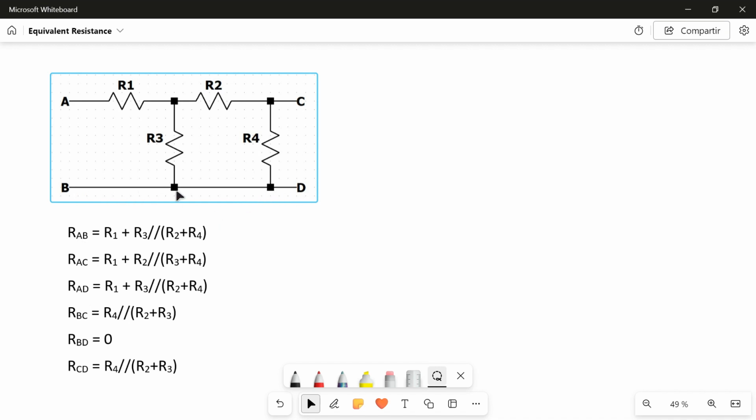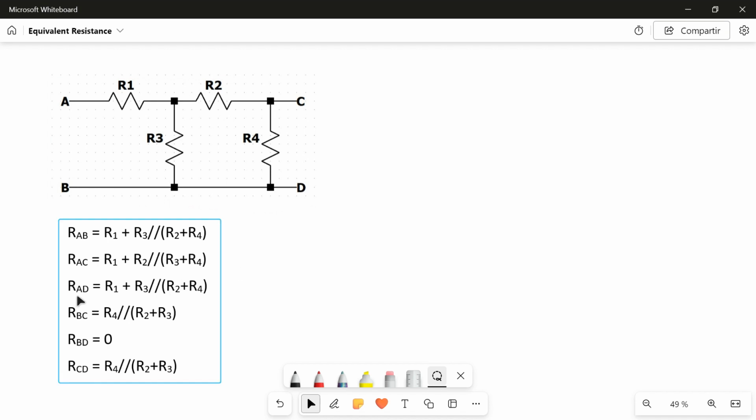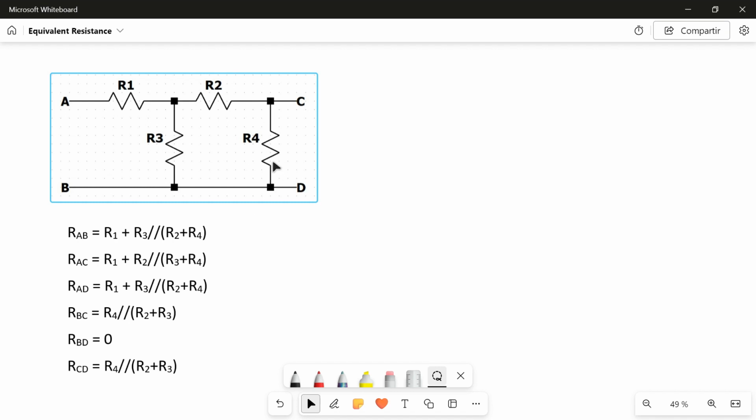So we have an equipotential value here, and basically the B terminal is the same as the D terminal. So RAD is equal to RAB. You can test this with the drawing and with the current flow.